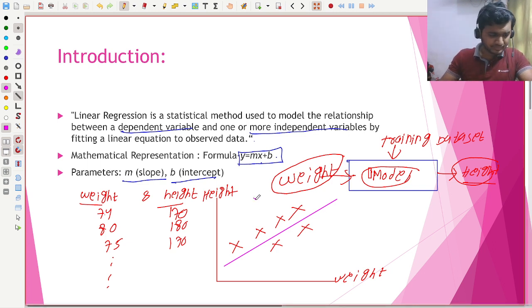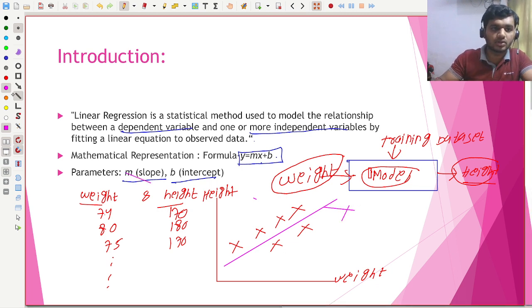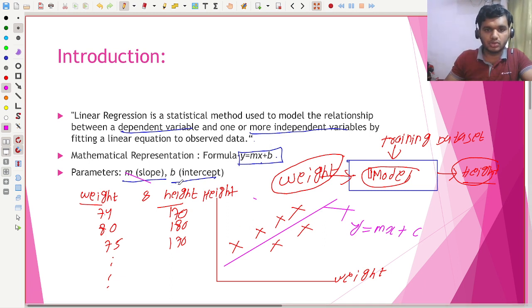Here you know the equation of this line is y equal to mx plus c, where m is the slope and c is the intercept.